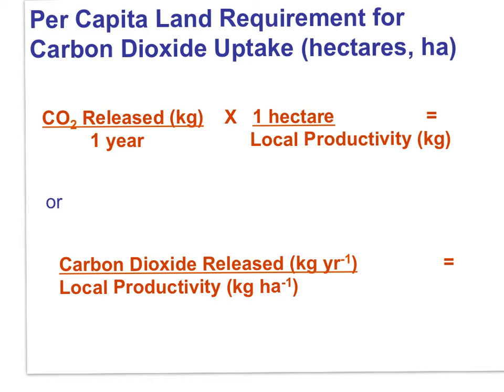The calculation of the land area required to absorb the carbon dioxide waste is much the same as the food calculation. We look up the CO2 released per person value. This is not hard. Then we multiply by the reciprocal of local productivity. Plants take up carbon dioxide, so the local productivity can be used in this calculation just like it was in the vegetable food calculation.